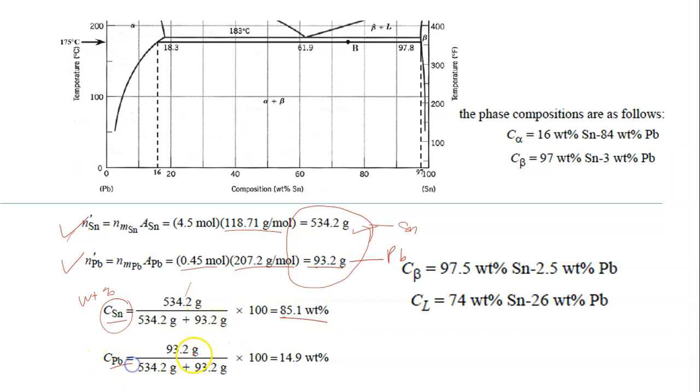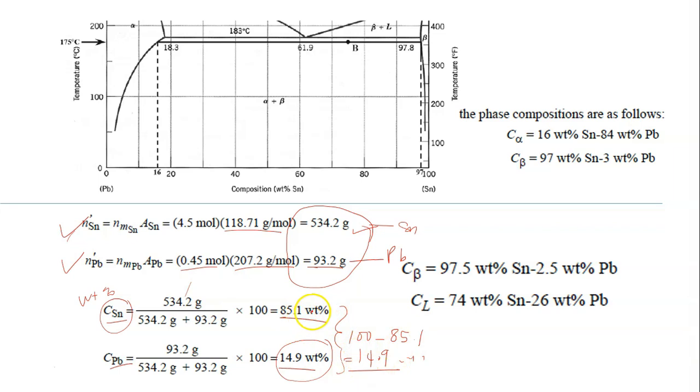For the lead, in a similar way, you get 14.9 weight percent. And if you notice, since this is only a two-component alloy, this one is actually 100 minus 85.1 weight percent. So you can double check your calculation using this kind of method.